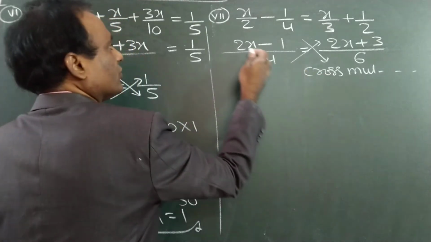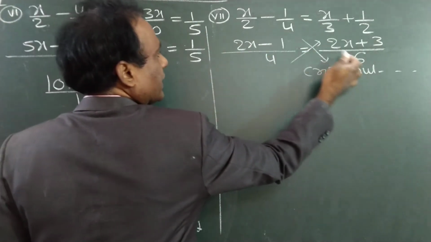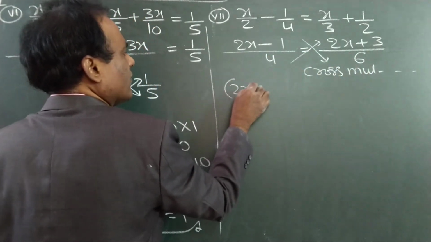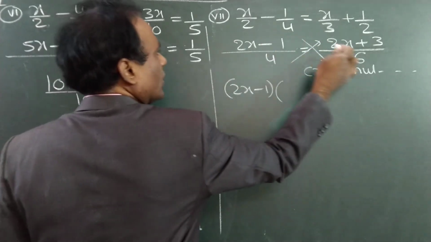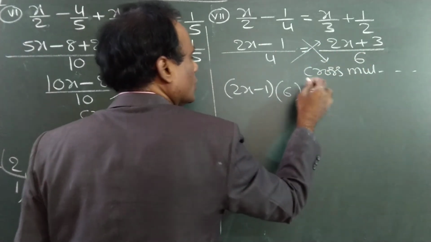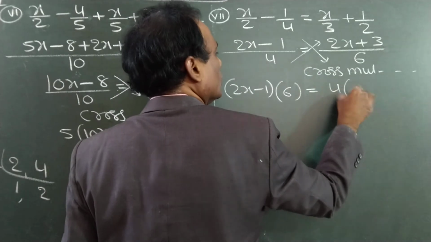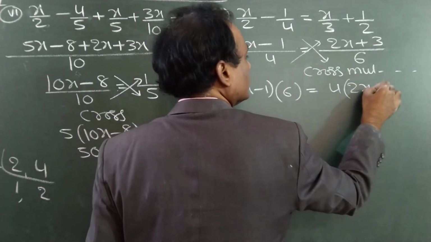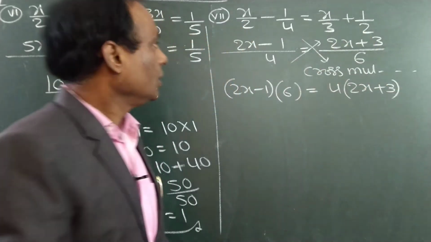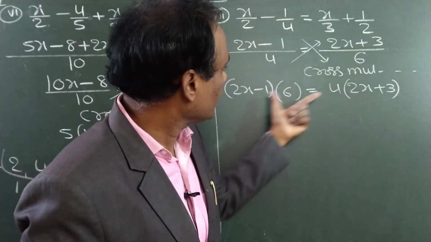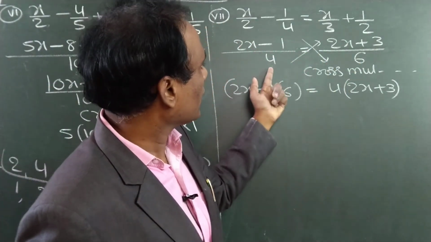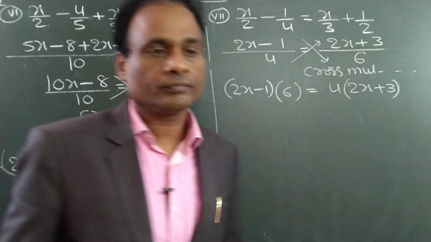See here, this numerator into this denominator. Anyone, you can write first. 2x minus 1 into 6 is equal to this denominator into that numerator: 2x minus 1 into 6 is equal to 4 into 2x plus 3.